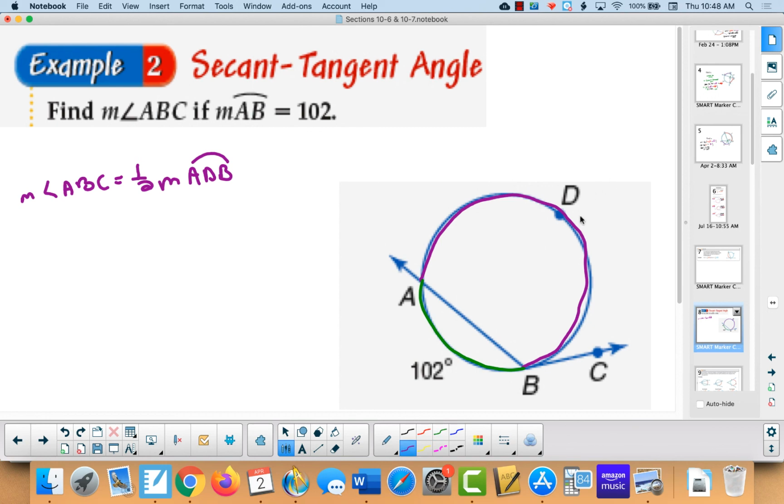So I can figure it out by subtracting from 360 to get 258. Divide that by 2 to get 129 degrees.